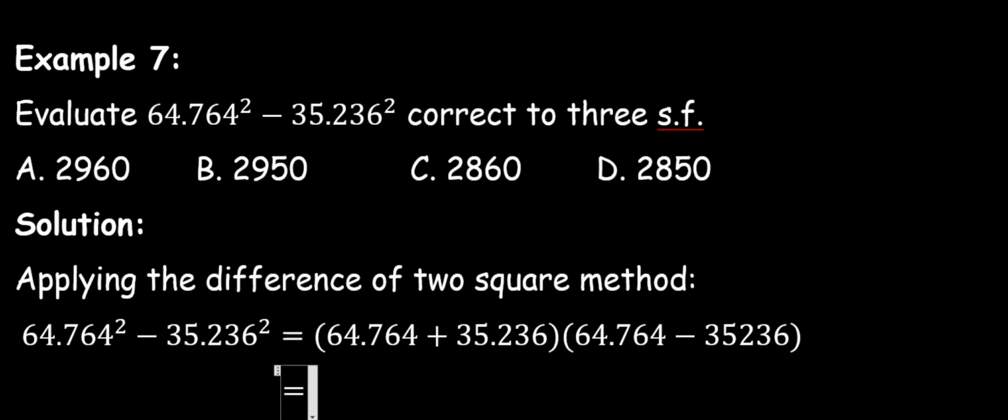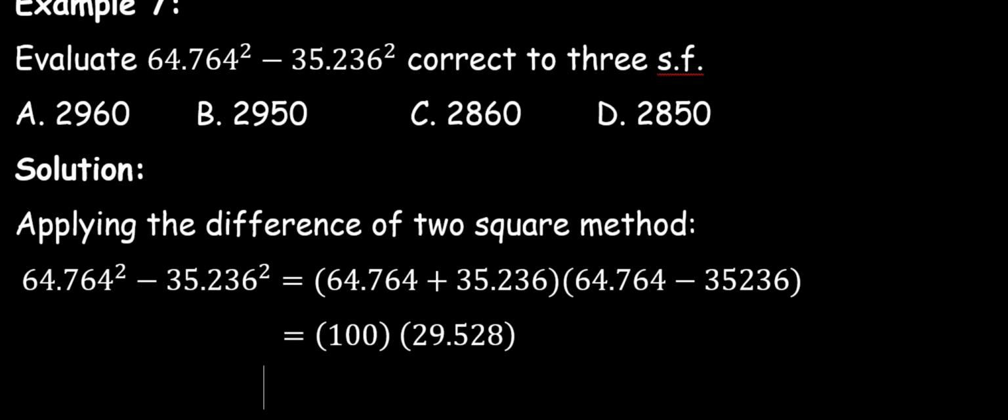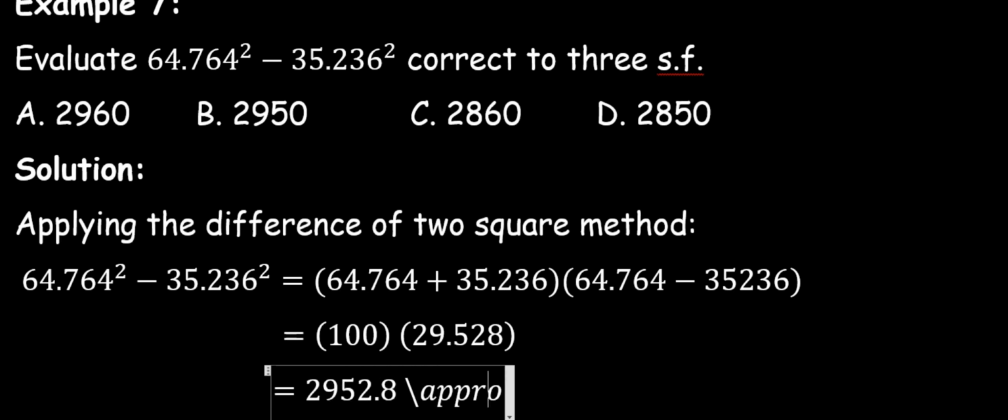So the first bracket result will be 100. Then the second bracket will now be 29.528. We are multiplying by 100, so we just move our decimal point 2 places. That will be 2952.8, which is approximately equal to 2950, to 3 significant figures.